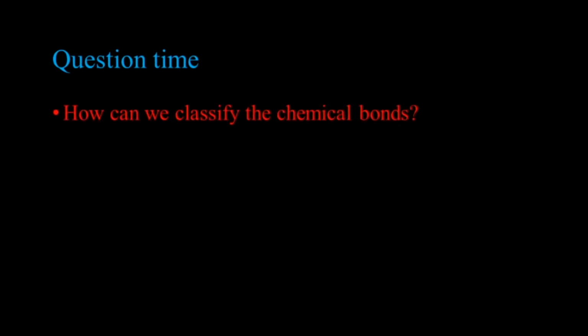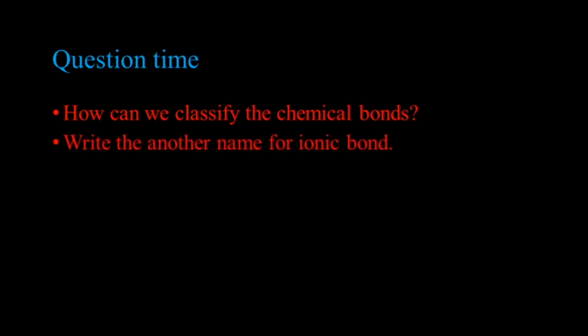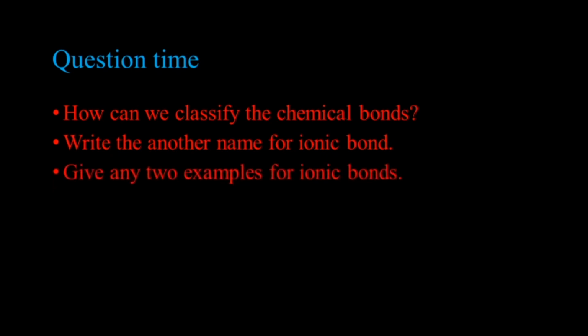Now it's time for questions. How can we classify the chemical bond? Yes, good. Strong bond and weak bond. Again, the strong bond into 4 types, the weak bond into 2 types. Next, write another name for the ionic bond: electrostatic bond or electrovalent bond. And you may be asked why it is known as electrostatic or electrovalent.